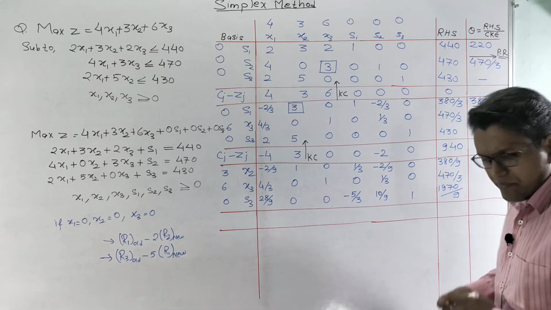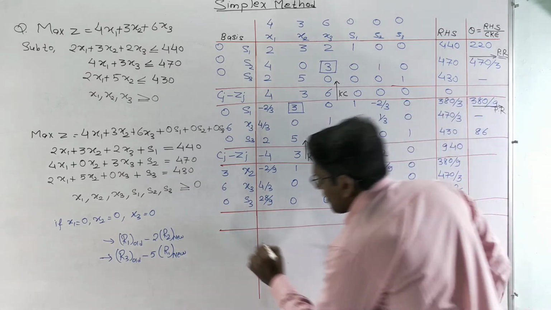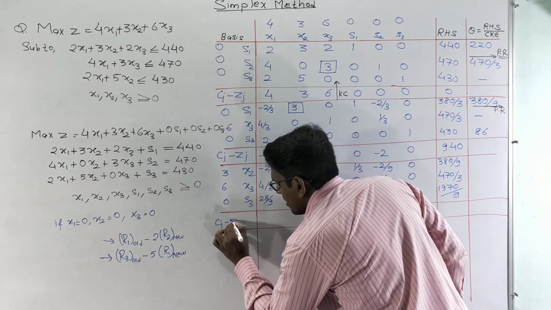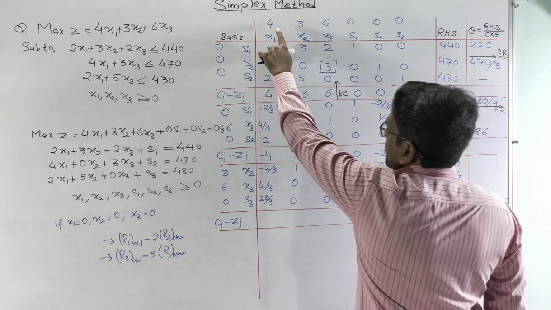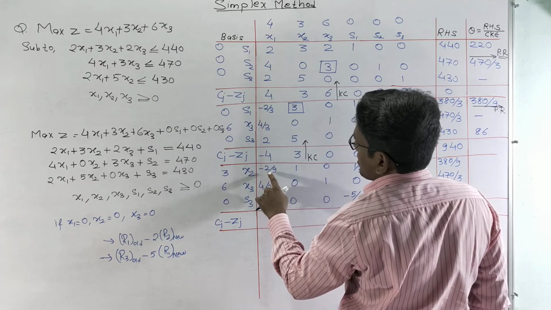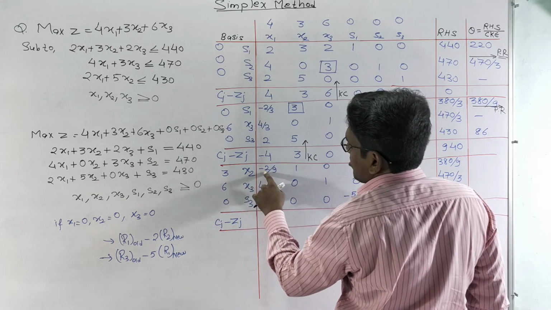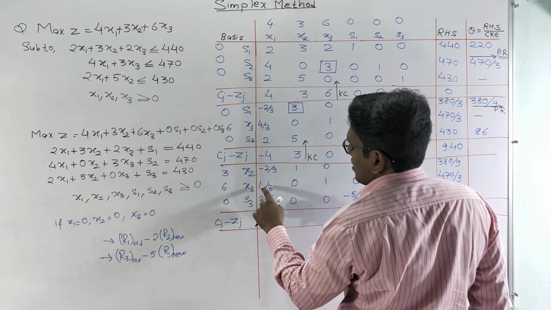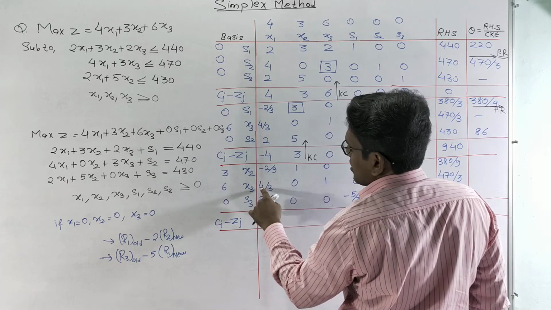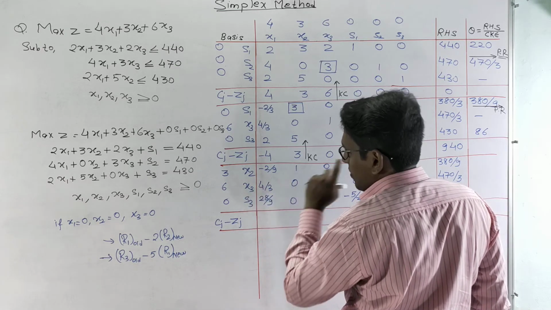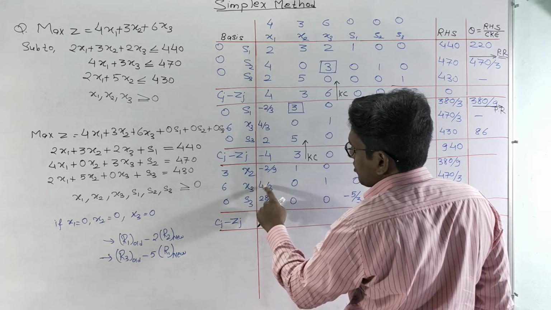So again I will be calculating the values of Cj minus Zj here. I can see this 4 minus of this will be minus 6 by 9, or I should say minus 2 by 3. This is 24 by 3.